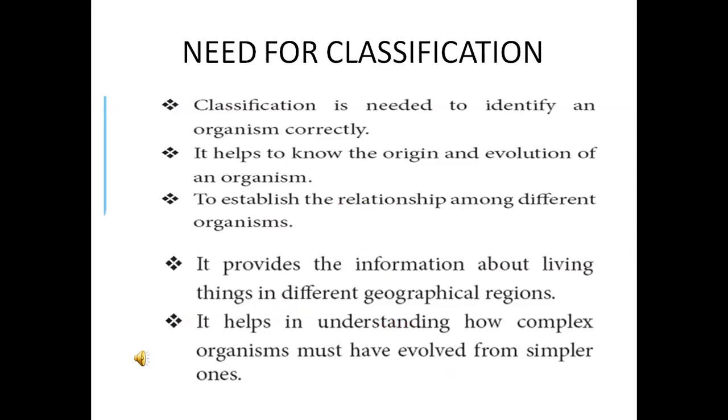Need for classification. Why do we need classification? Classification is needed to identify an organism correctly. It helps to know the origin and evolution of an organism, to establish the relationship among different organisms, and it provides information about living things in different geographical regions.